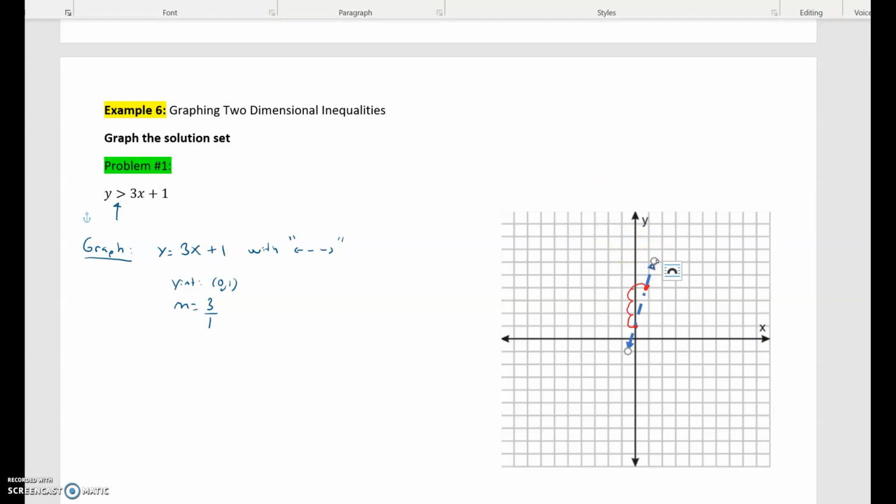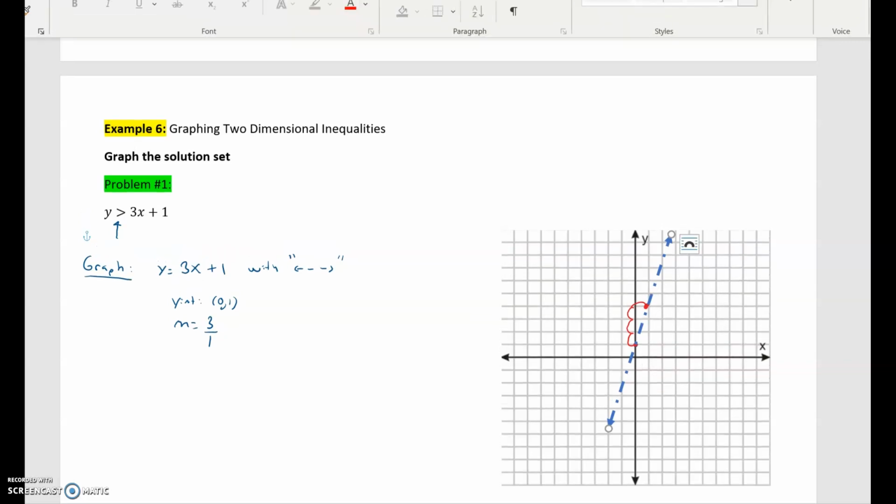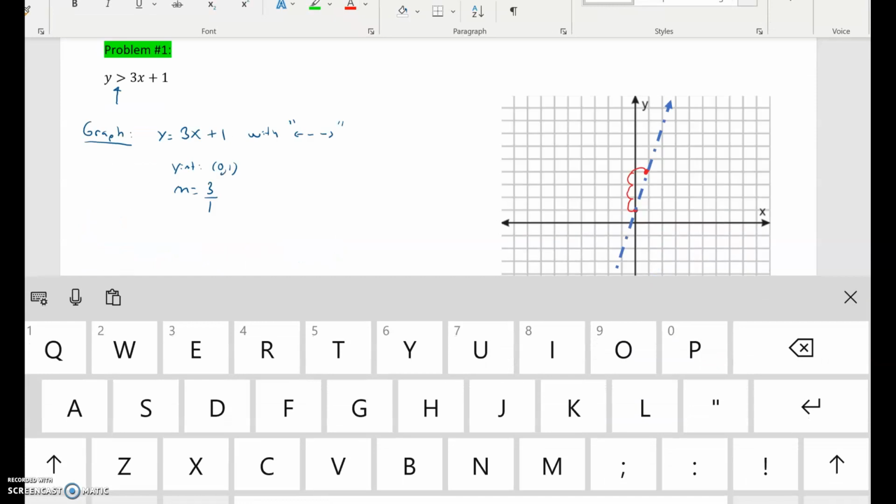So let me make that line a little bit longer so we can actually see both sides of the plane. And in this case, we're going to be looking either at these points or those points. Now, a lot of the problems are going to ask you to basically do algebra with test points.